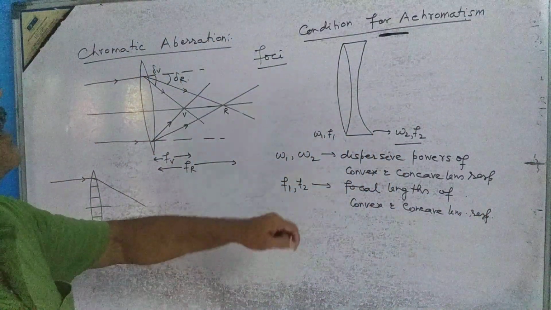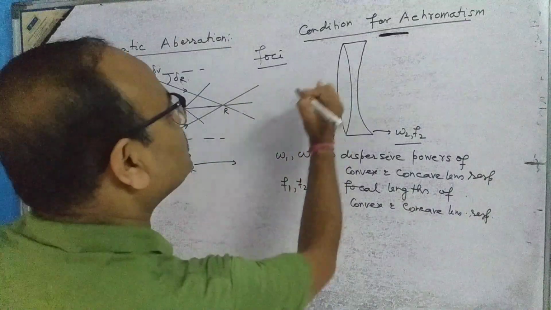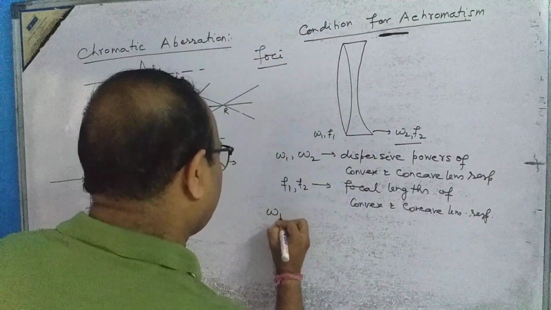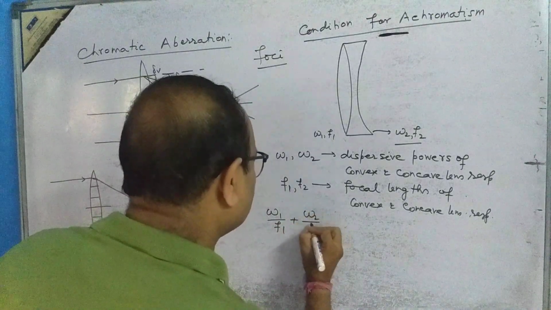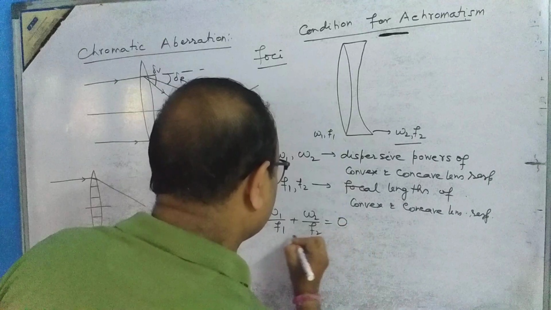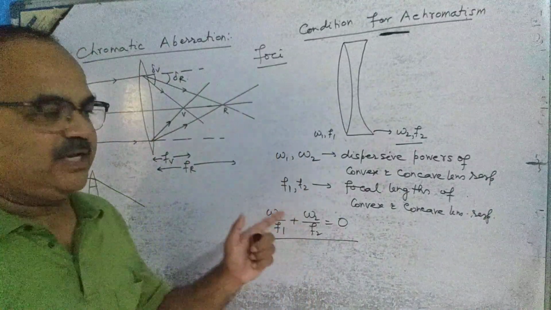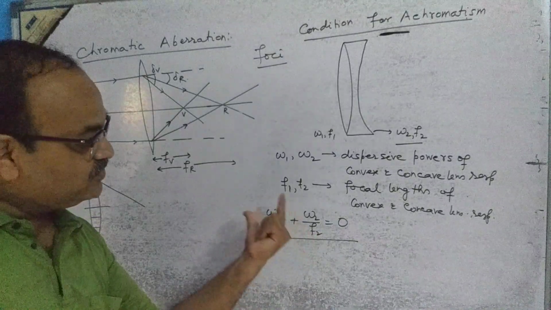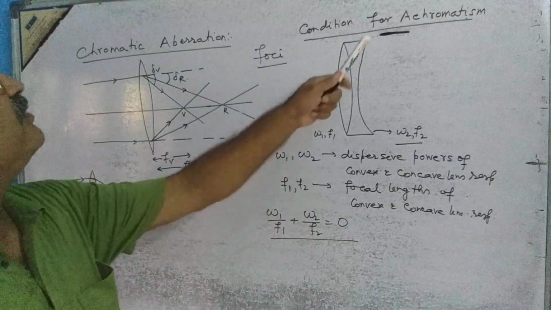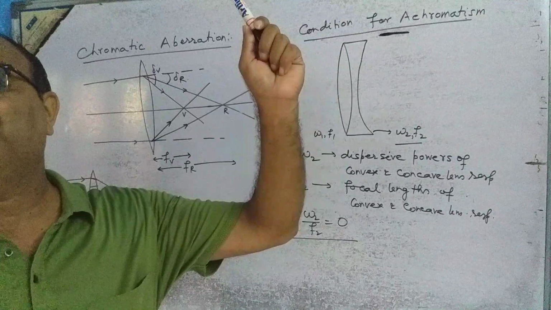Then it should satisfy the condition: omega 1 by f1 plus omega 2 by f2 should be equal to 0. If this condition is satisfied, then there will be no chromatic aberration in the system.